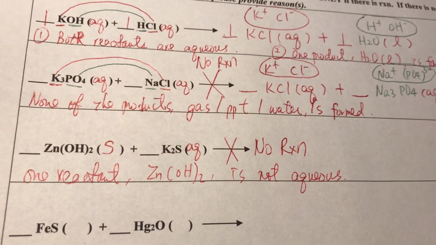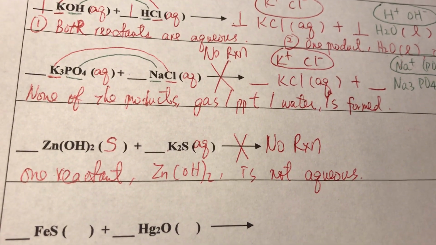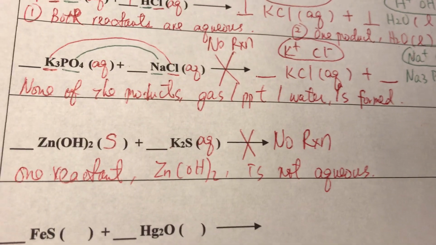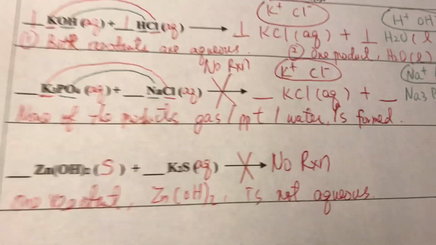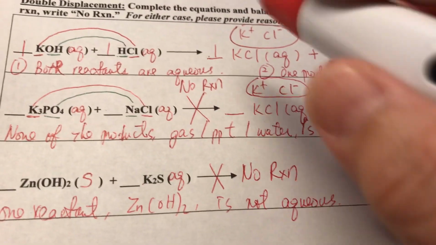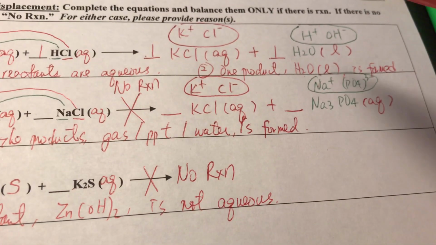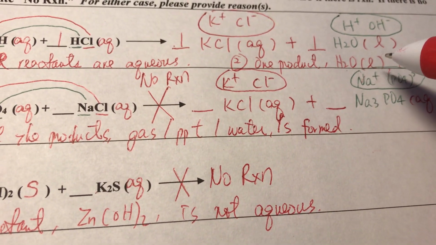So one of the reactants, ZnOH2, you have to specify which one it is. It's not aqueous. If both of them are not aqueous, then you will say both reactants are not aqueous. So for the reason here, we use aqueous and not aqueous, to simplify. And then for the product part, you want to write which one is formed, which one is not formed.